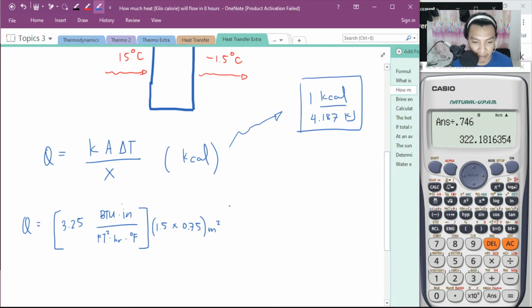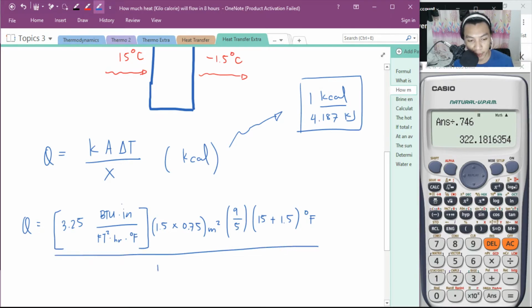And then, yung temperature change na yan, bale, multiply mo lang 9/5 or simply 1.8 times 15 plus 1.5 kasi negative naman siya. Degree Fahrenheit na yan. Okay? Change in temperature. Okay. So, 15 millimeter. So, set aside muna natin sila.